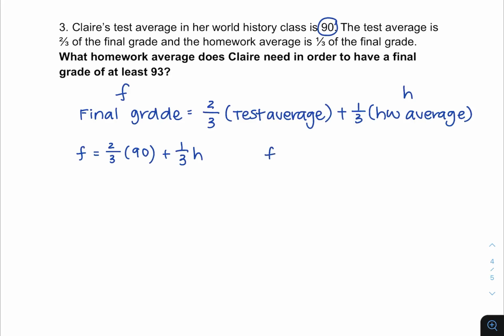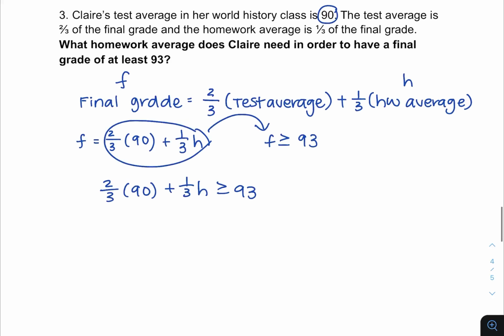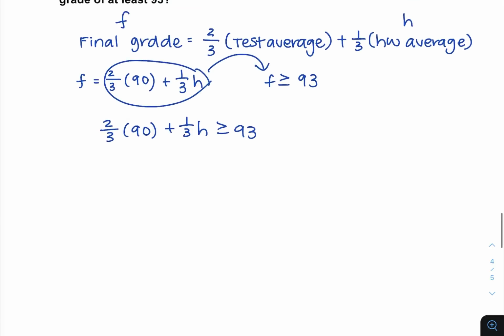And then we know that F has to be greater or equal to 93. And we can substitute this entire equation into F, giving us 2/3 times 90 plus 1/3 H is greater than or equal to 93. We can simplify 60 plus 1/3 H is greater or equal to 93.